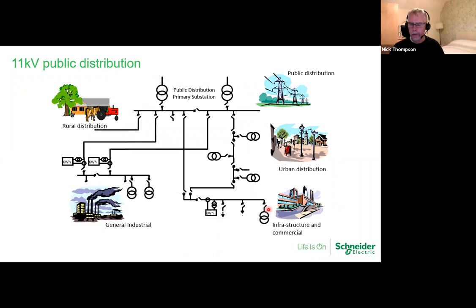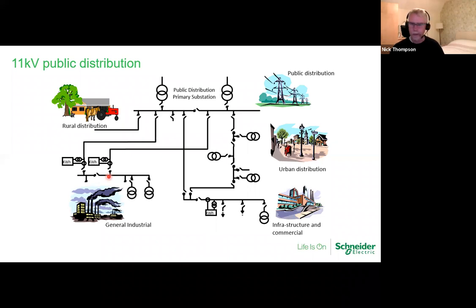Radials, maybe a mix of radials, maybe a mix of open ring or even closed ring, depends on the site and the supply requirements. Here, this is two radials in parallel coming into this particular site here. So this will be wholly owned by the site operator or owner. The incomers may actually be owned and operated by the local DNO.